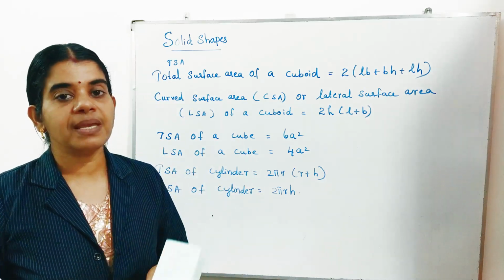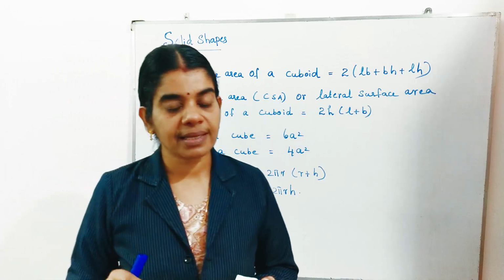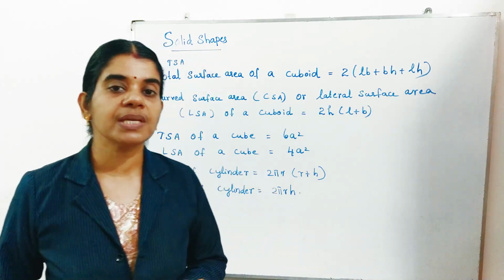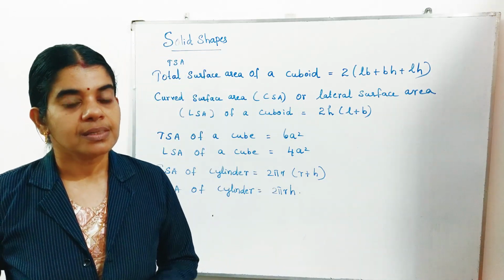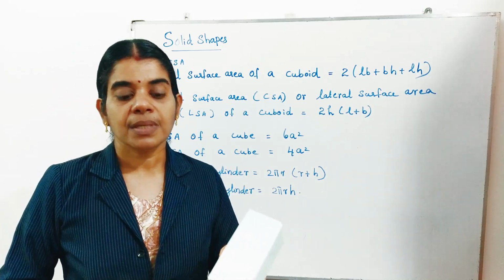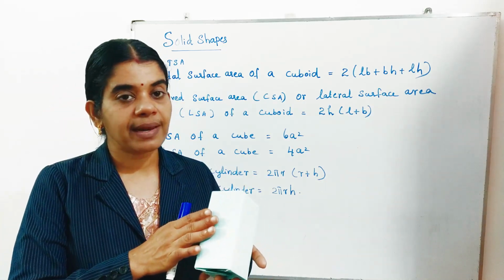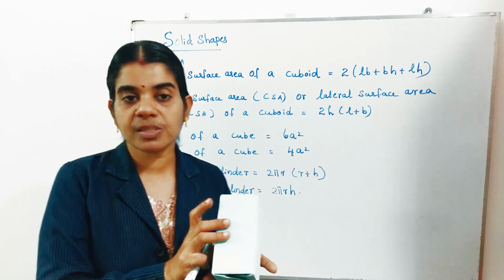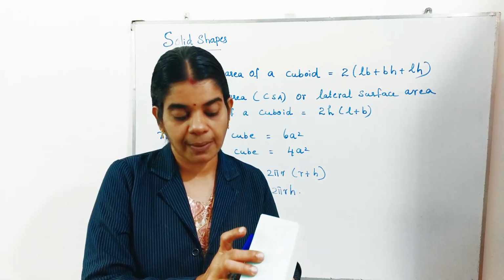Then L, B and H. L is the length, B is the breadth and H is the height of a cuboid. Then 2 times L into B, like that 2 faces will be there, so 2LB.